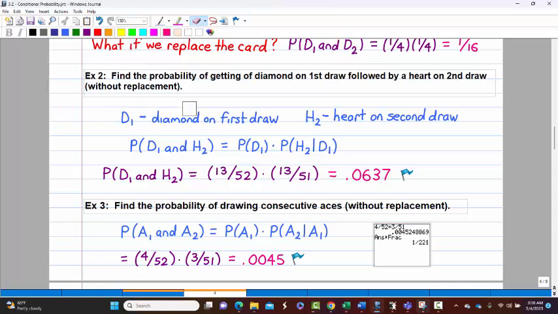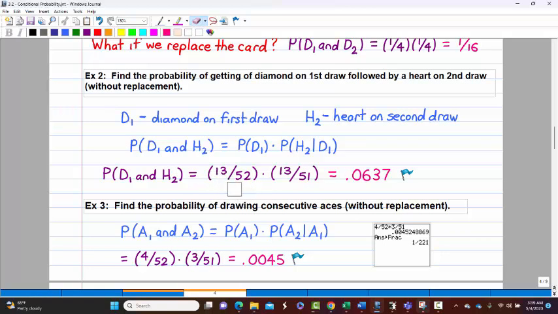D1 I'm denoting as diamond on the first draw. H2 is heart on the second draw. So we're looking at two events, diamond 1 and heart 2. So diamond on the first and heart on the second. Now this is a dependent event. You don't have to really worry about the notation as long as you understand where the numbers are. But it is P of D1 times the probability of heart 2 given we drew a diamond on the first one. So the probability of diamond on the first one, that's easy enough, 13 out of 52.